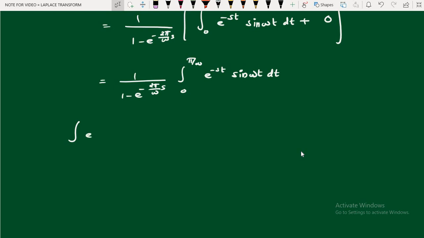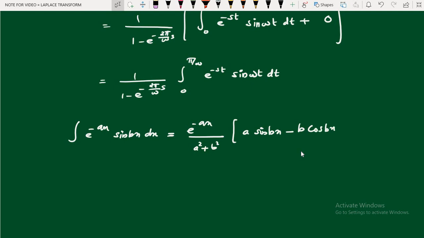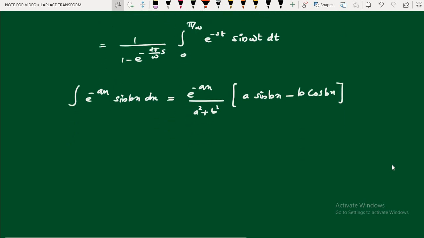The formula for the integral of e power ax sine bx dx is e power ax by a square plus b square into a sine bx minus b cos bx.